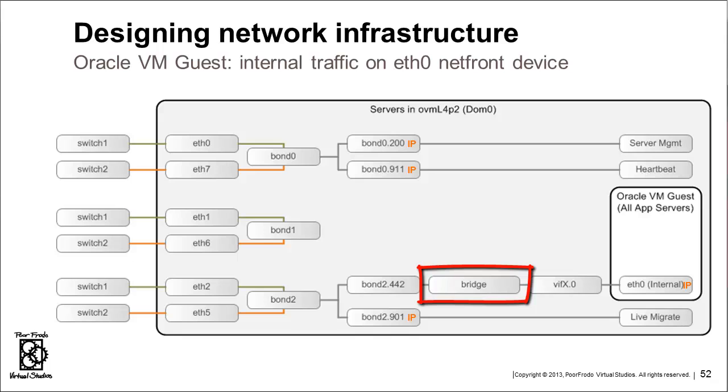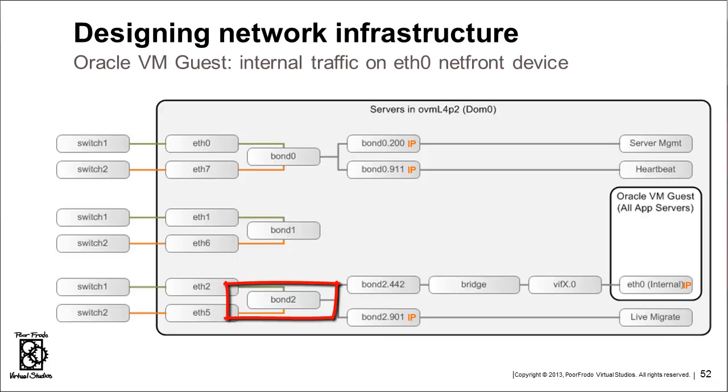It's a virtual switch of sorts. The bond 2 442 VLAN device is responsible for processing the VLAN tag for each packet being sent to and from the virtual machines. Bond 2 442 communicates with bond 2, and bond 2 is responsible for sending and receiving network packets over the appropriate network port according to the type of bonding mode chosen.